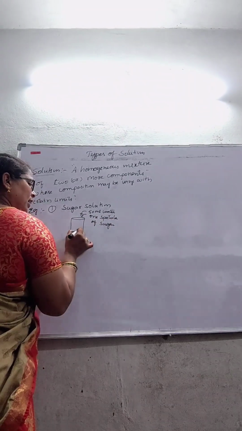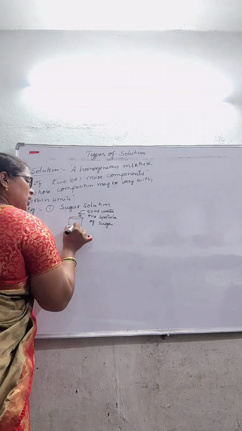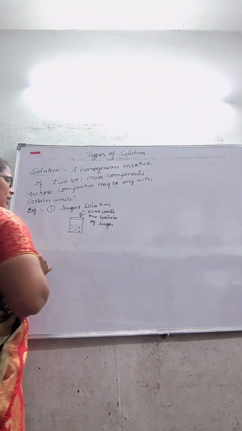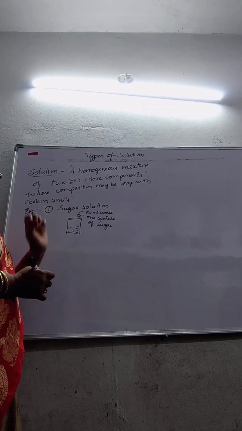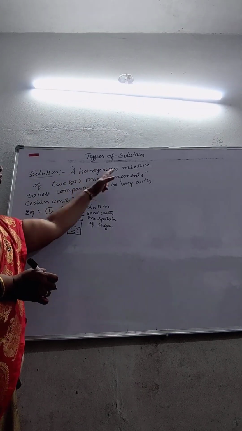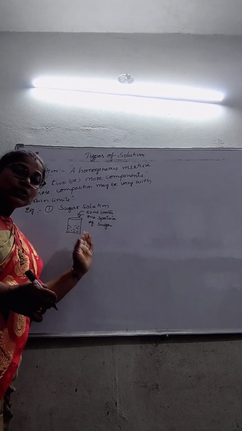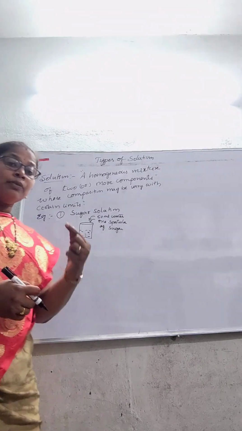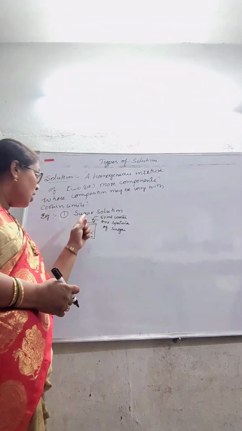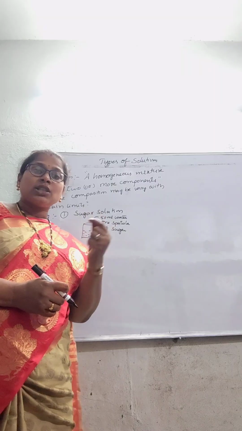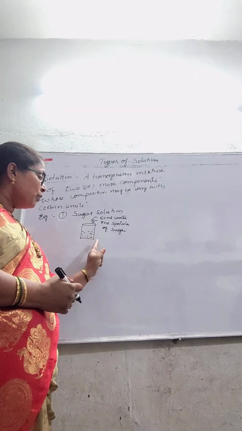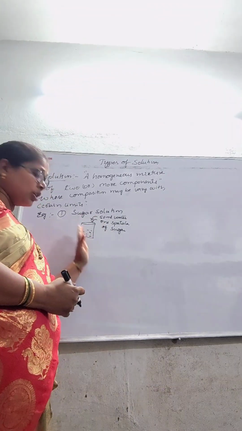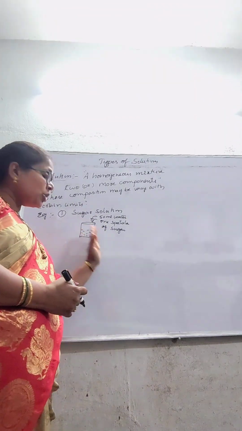Then our sugar solution is prepared. This is an example of a solution, sugar solution, a homogeneous mixture. How can you say this is a homogeneous mixture? If you taste one drop of this sugar solution, you know the taste of sweet. You observe the uniform distribution throughout the mixture. That is a homogeneous mixture.